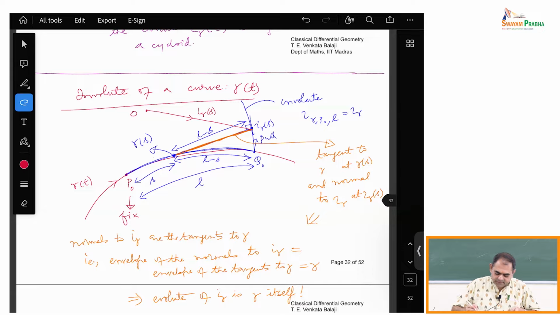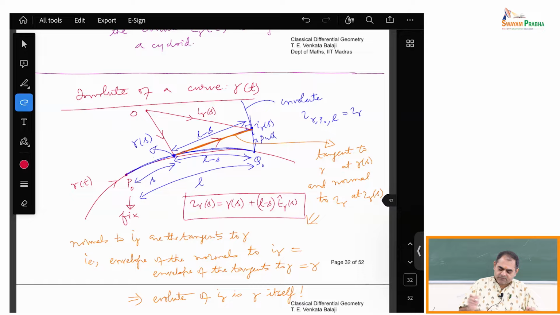And this vector is just this vector followed by this vector, right? So you can write out this equation. You will get I gamma of s is equal to gamma of s plus this orange vector, the length is L minus s. And notice that the unit vector along that direction is the unit tangent to the original curve. So it will be L minus s times t cap sub gamma of s. So this is the formula for the involute.